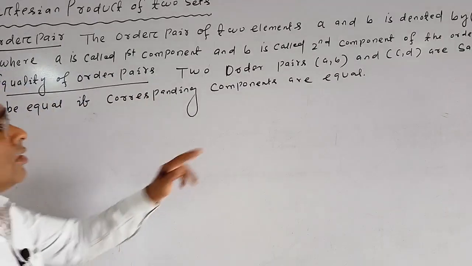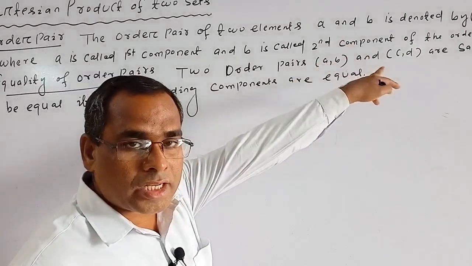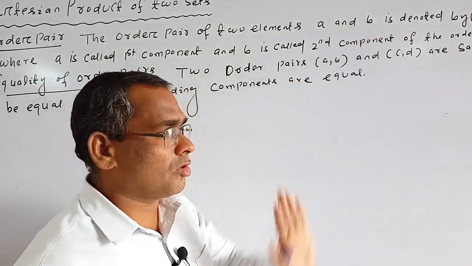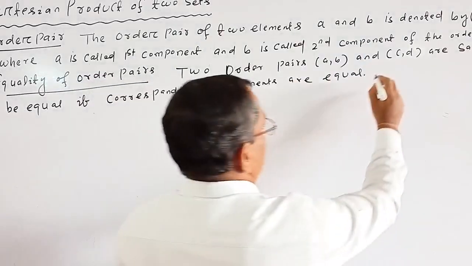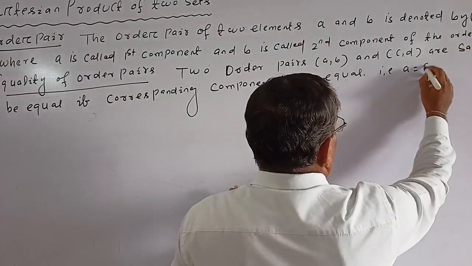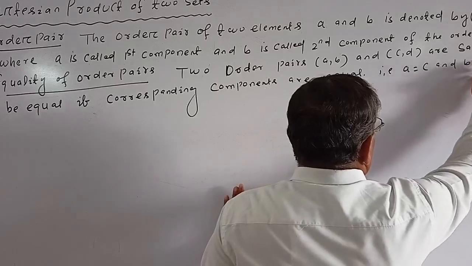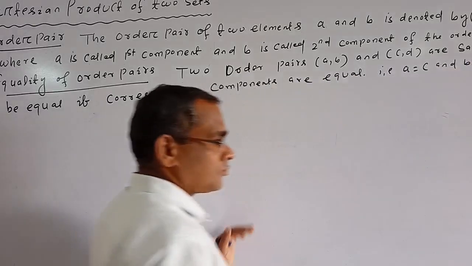That means the first components of the two ordered pairs are equal and the second components of the ordered pairs are also equal. That is, A is equal to C and B is equal to D.